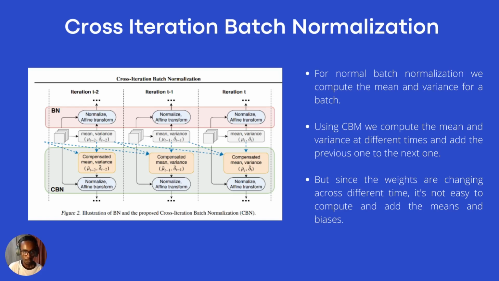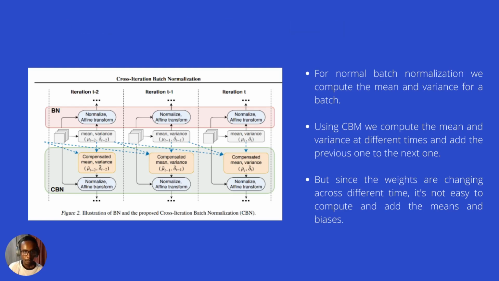But since the weights are changing across different times, it's not easy to compute and add the means and variances. So if you do not consider the change in the weights, then it's called a naive CBM. But during training across different iterations, the weights keep changing, and we need to account for the changing weights. So that's covered in the paper about the CBM.